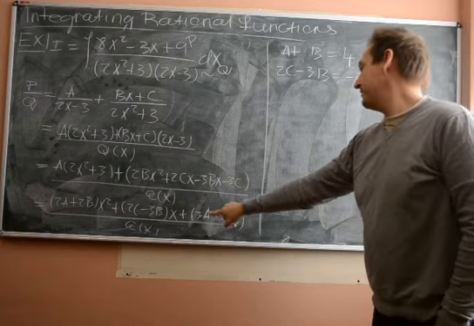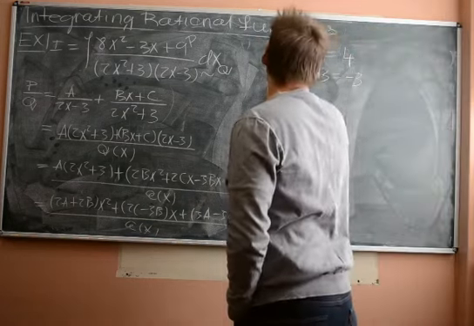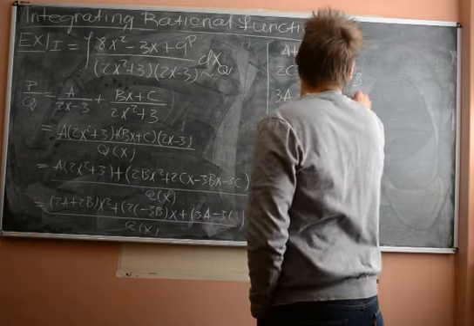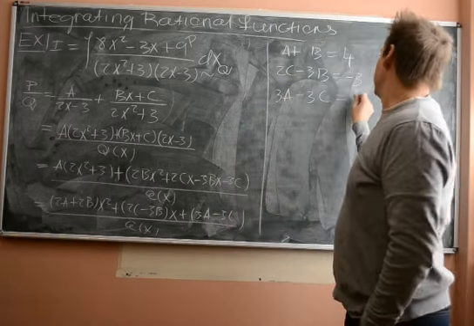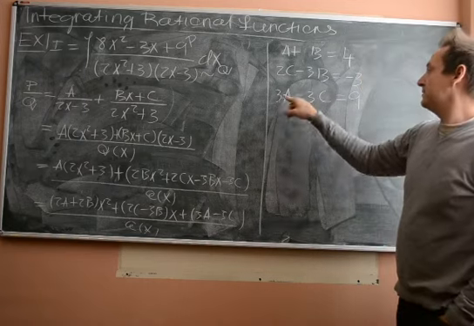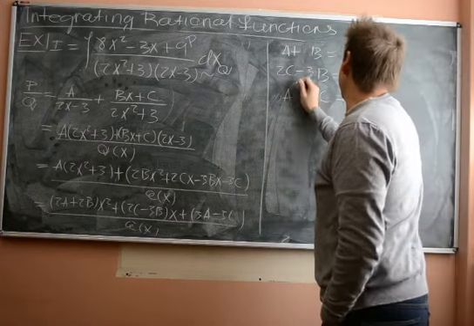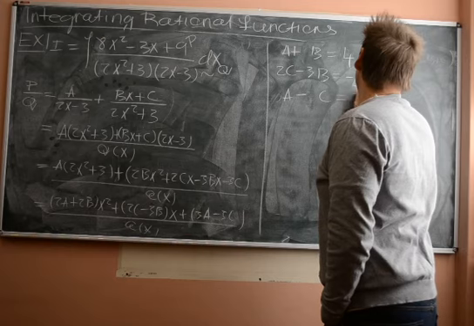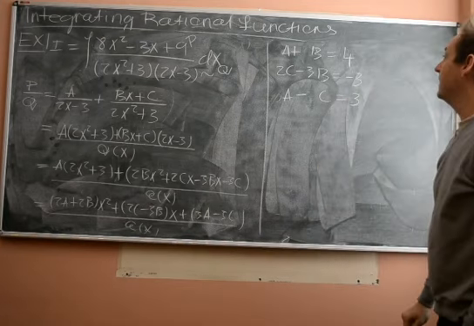And lastly, we have 3a − 3c, and that has to equal 9. In this case as well, we can divide by 3, so we get a − c = 3.